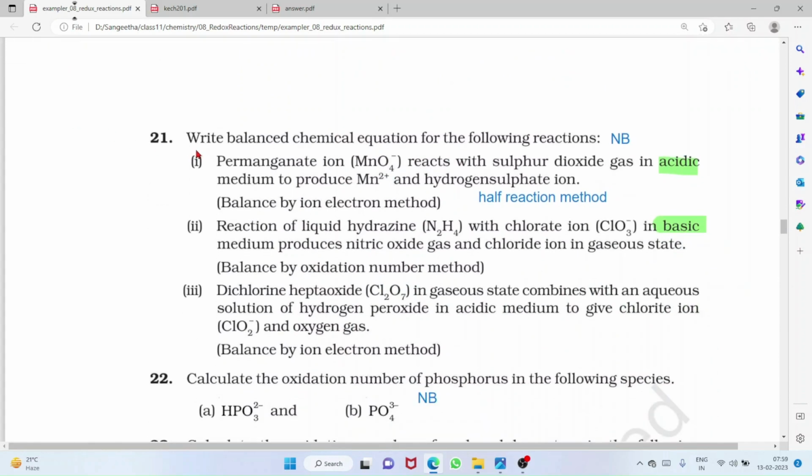So write the balanced chemical equation for the following reactions. This is the ion electron method, meaning the half reaction method. This is the oxidation number method. This is also the ion electron method. So I will show you those equations. As I already explained the oxidation number method and the half reaction method, you can go through the book and try to solve yourself.